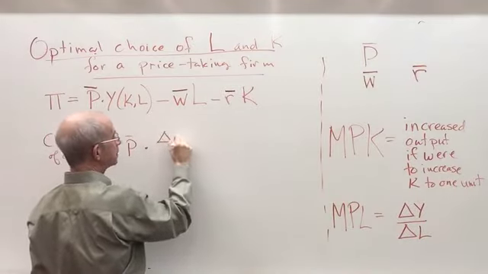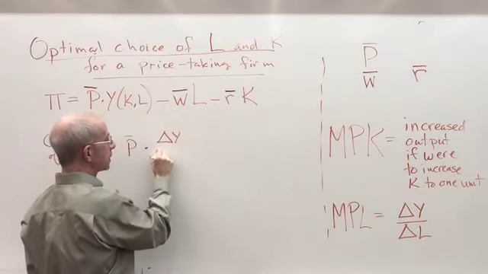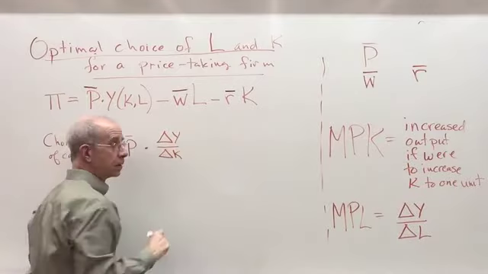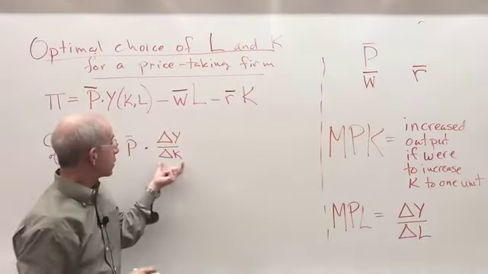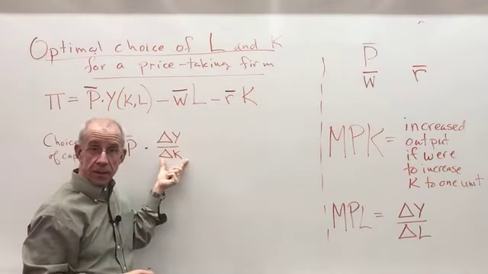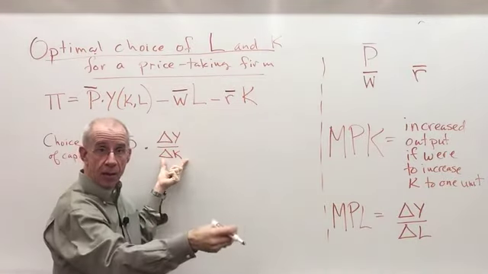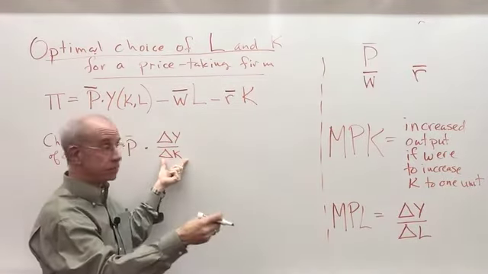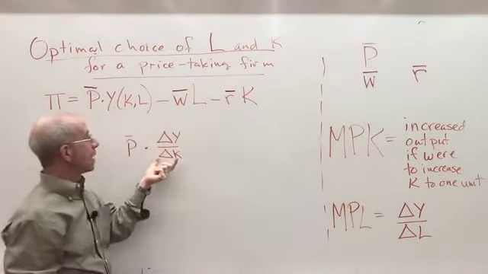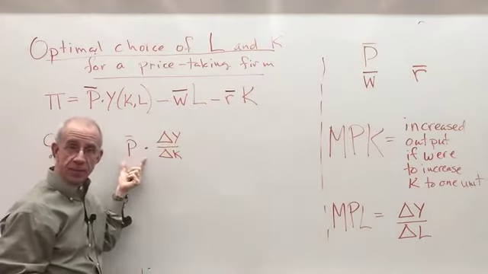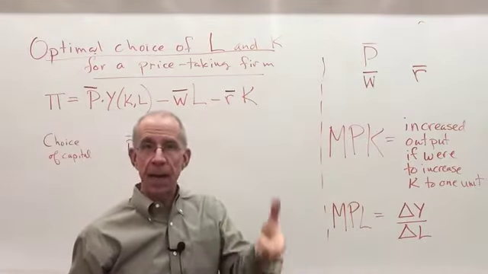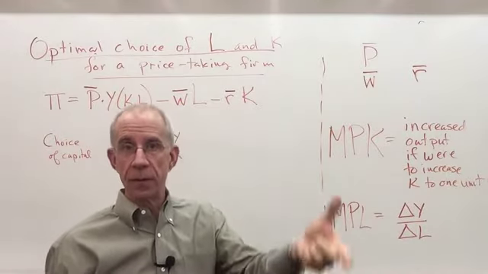So if they see how output changes when they change capital, that tells you how much extra output you get. Okay, this delta Y over delta K, that's the extra output you get by hiring one more unit of capital. In other words, marginal productivity of capital. If you multiply that times the price of what you sell, that's the extra revenue you get by hiring one more unit of capital.